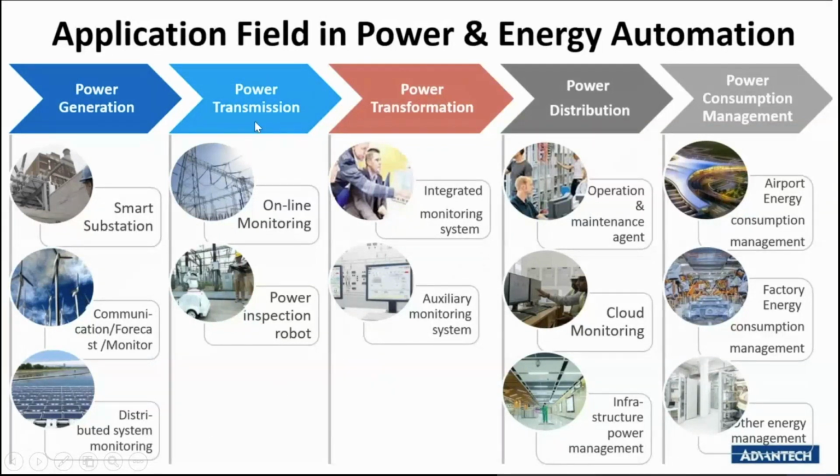In power transmission, we can have online monitoring and power inspection robots. For power transformation, we can have integrated monitoring systems or auxiliary monitoring systems. For power distribution, we can have operations and maintenance agents, cloud monitoring, infrastructure, and power management. And lastly, for power consumption management, we can have airport energy consumption management, factory energy consumption management, and other energy management.